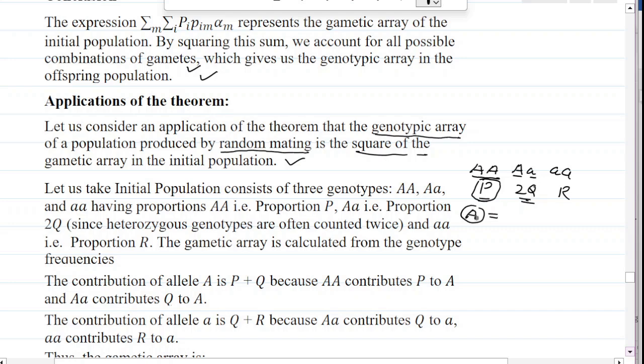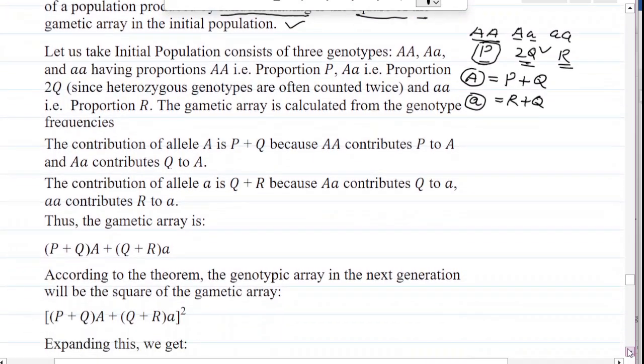So the contribution of A can be found by P plus half of this heterozygous proportion, so P plus Q. And the contribution of small a can be obtained from R and half of this, so this is R plus Q.